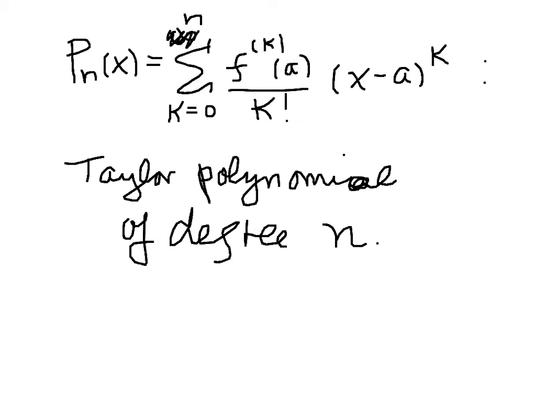So n tells you the degree, not the number of terms, but the degree. This is something that we will keep coming back to when we are looking more at how we approximate functions with a Taylor series. Obviously, we have to use a Taylor polynomial because we can't use an infinite number of terms. Okay, so we'll come back to that in a sec.